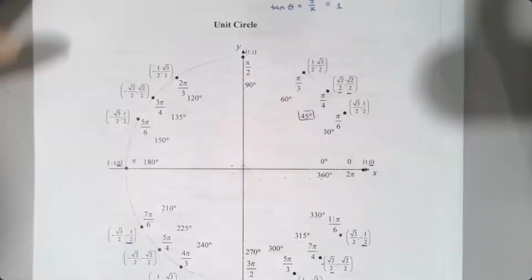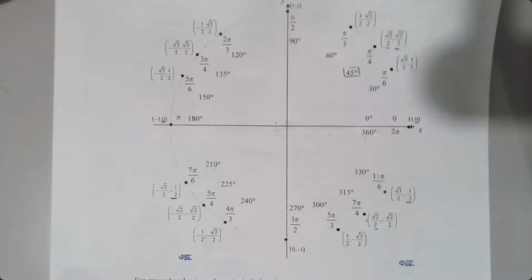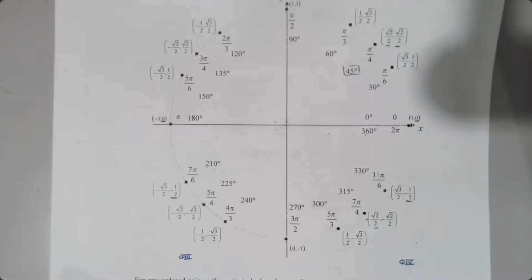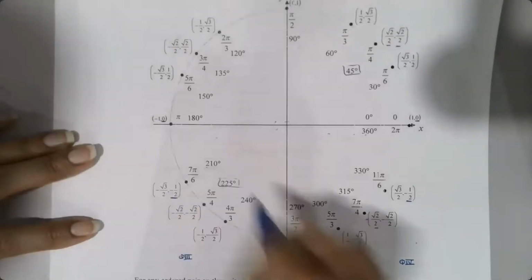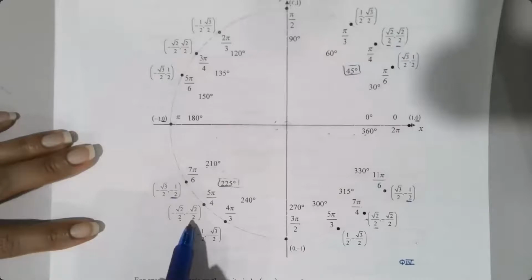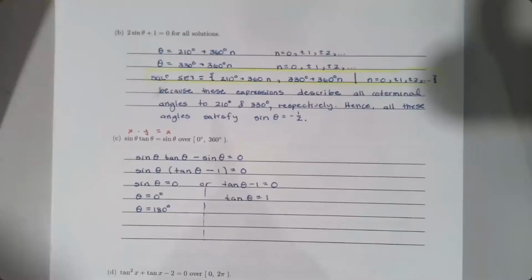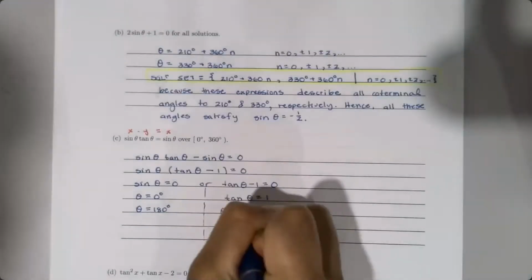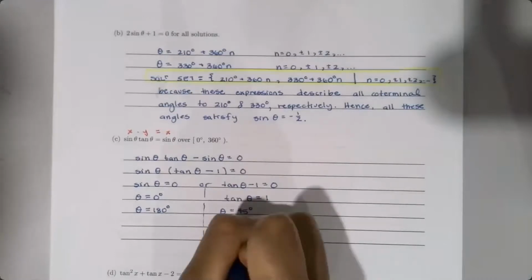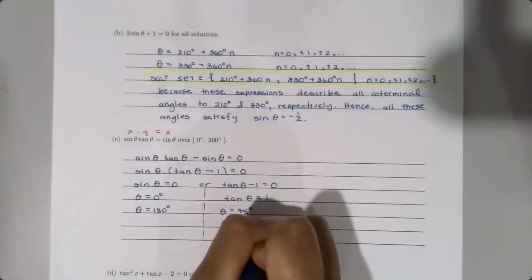What would the other one be? 225. 225, very good. Because there the x and the y are both negative radical 2 over 2. Very good. Okay, so then we can bring those answers back to our paper. We've got 45 degrees, and theta equals 225.